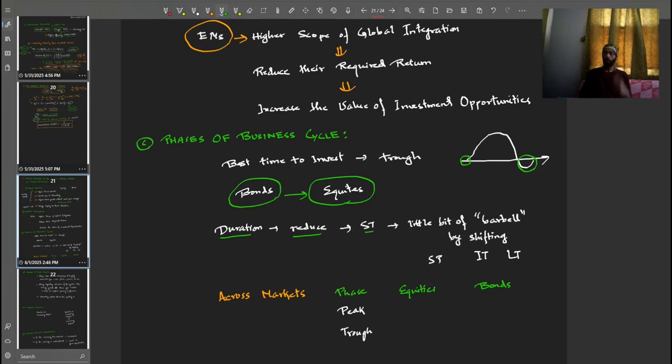Right? How? The intermediate duration bonds in a portfolio can be shifted largely to the short-term bonds. Right? And then a little bit can also be positioned in the long-term bonds. Why? Because rates will change rapidly as the expansion happens, and the older bonds will start becoming less and less valuable.